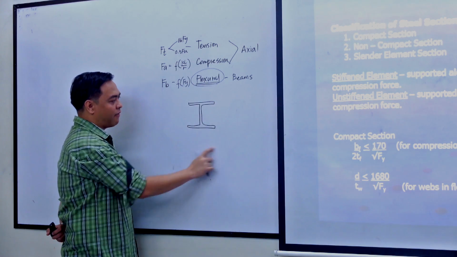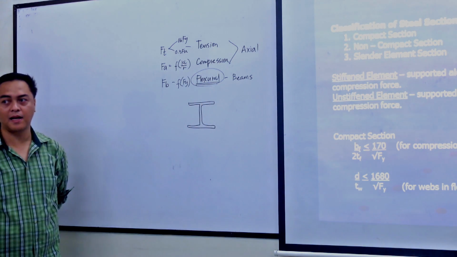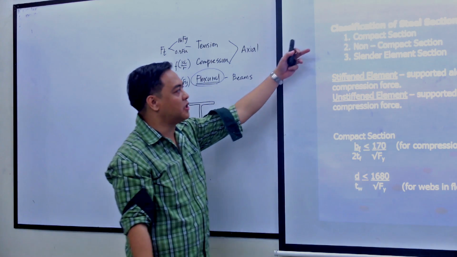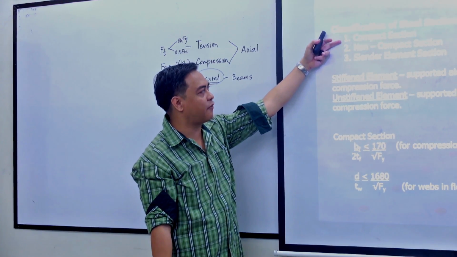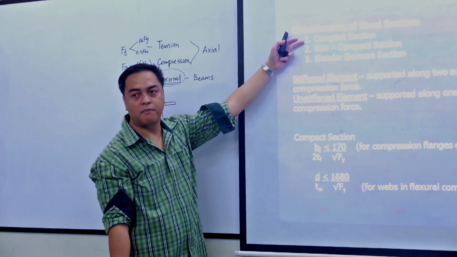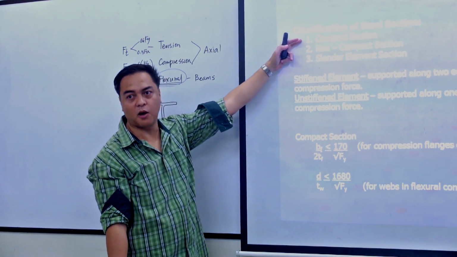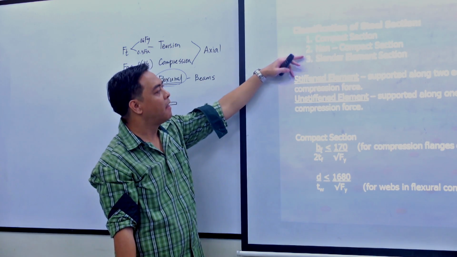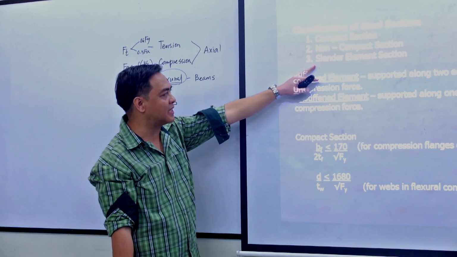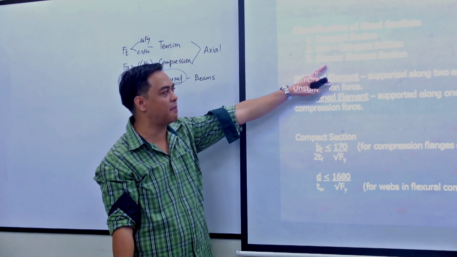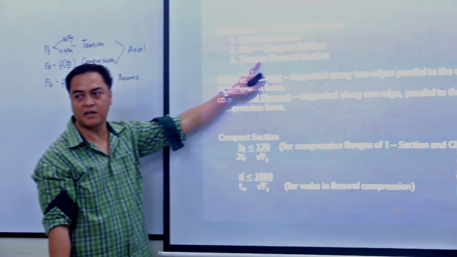Okay, for us to have a compact section, all of its elements should be compact. Among these three classifications, of course, we want the first classification, which is the compact section, because compact sections will have higher capacity compared to the other two. The least would be the third classification, the slender element section, meaning each of its elements is considered slender.